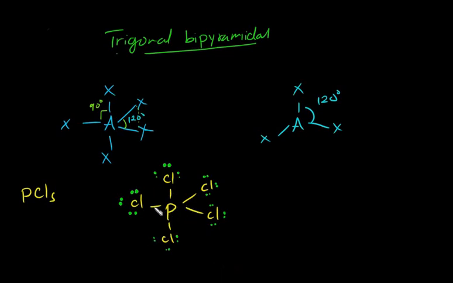Now this shape is completely perfect, and the angle between these 3 atoms is 90 degrees, and here it is 120, and it's of course a trigonal bipyramidal structure. Alright, let's have another example.